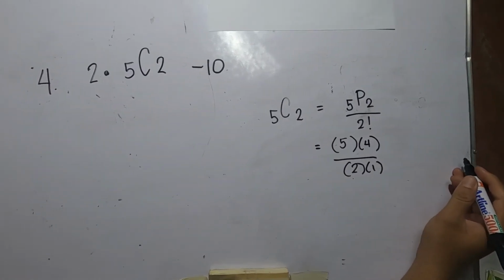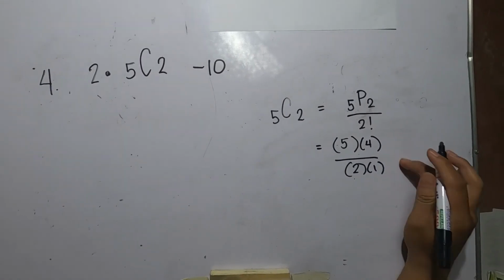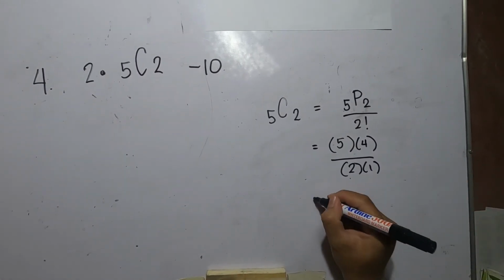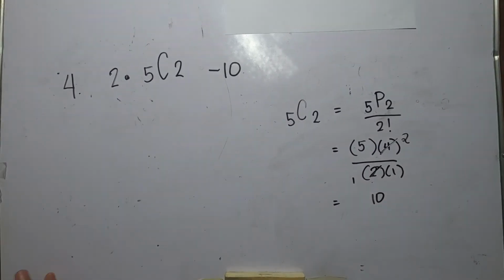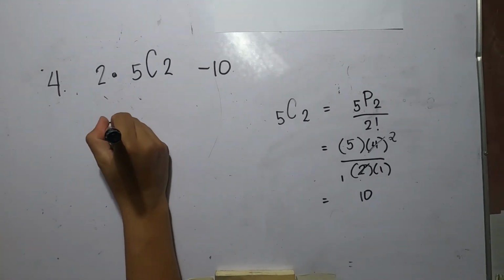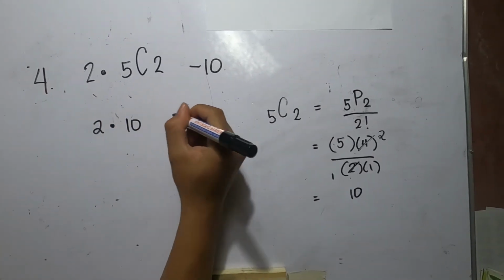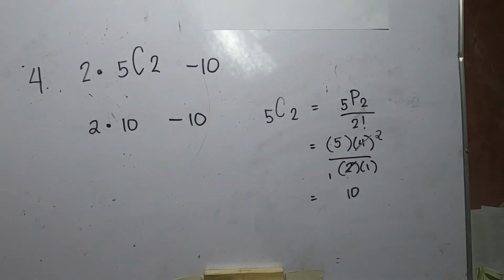Finding the common factors in the numerator and the denominator, we can simplify this as 10. Then this value of combination of 5 taken 2 is to be multiplied by 2. That is 2 times 10 subtracted by 10.